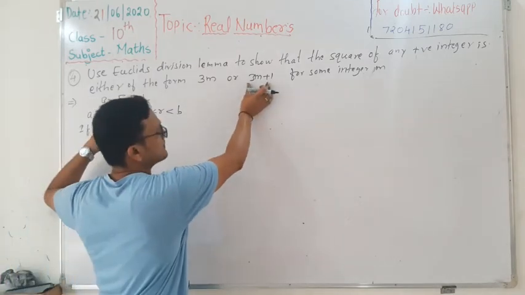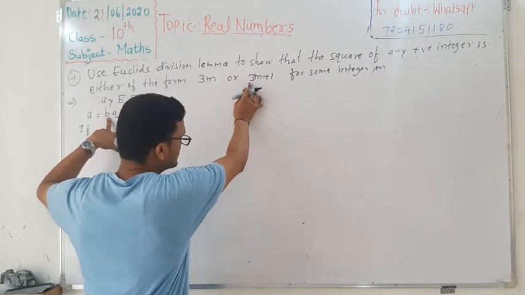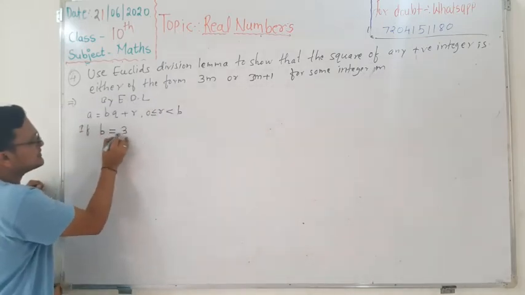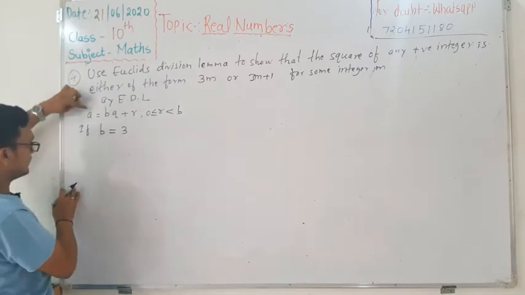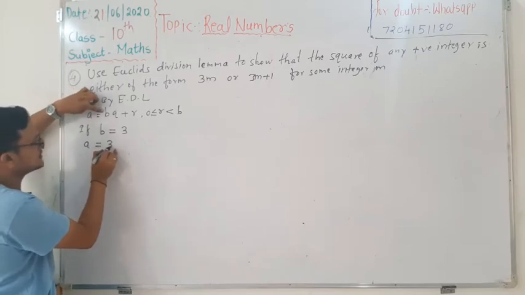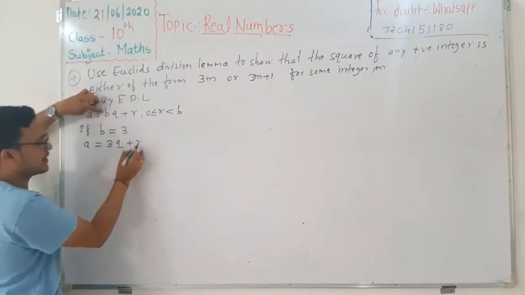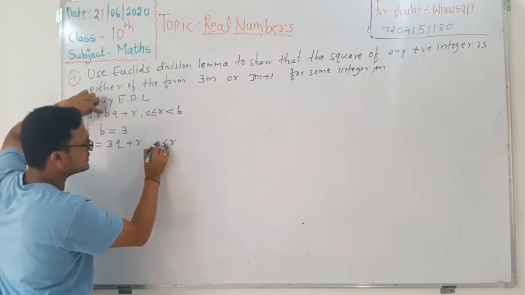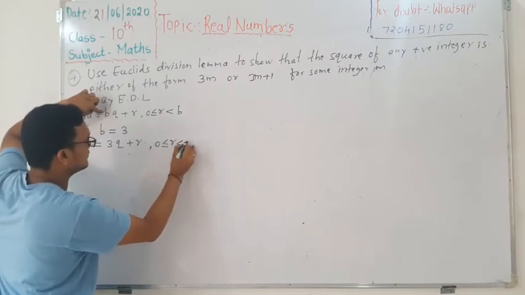Here in the place of b we have 3. So if b equals 3, then a equals 3q plus r, where r is greater than or equal to 0 and less than 3.